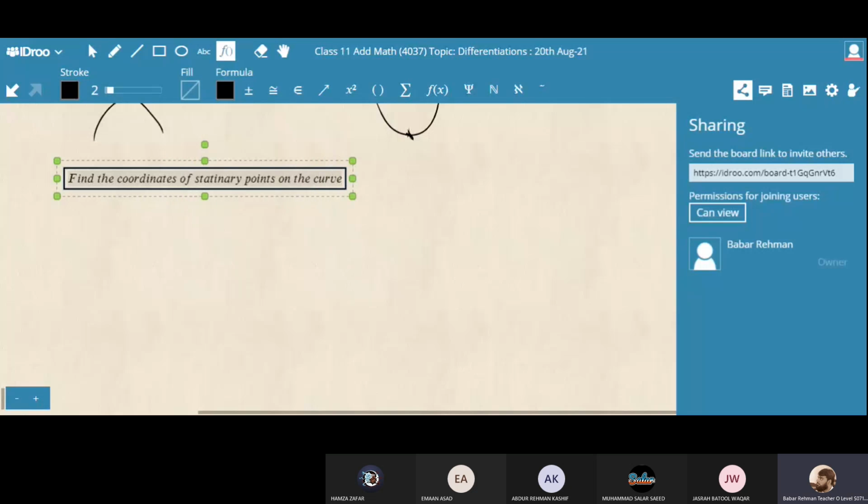On the curve, y is equal to 2x cubed minus 15x squared plus 24x plus 6.